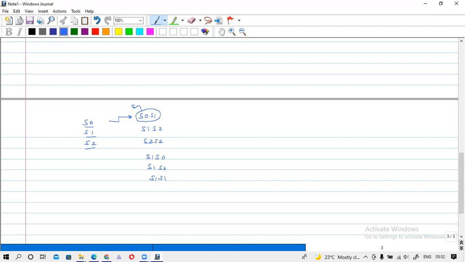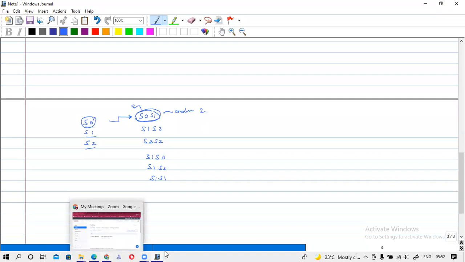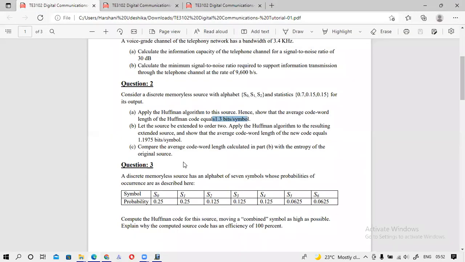You can consider this as a symbol in this case, and this as a symbol in this order 2 case. Did you get it? We have to extend it up to order 2.